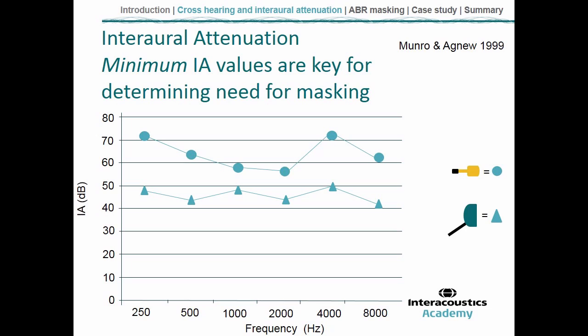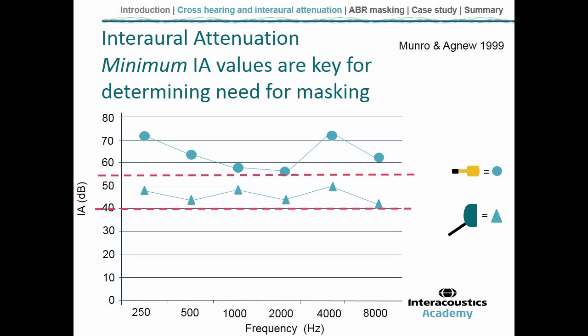So in the UK, for the supraaural headphones, we take a minimum value of 40 dB just to account for any small frequency differences, and a minimum value of 55 dB for the insert headphones.